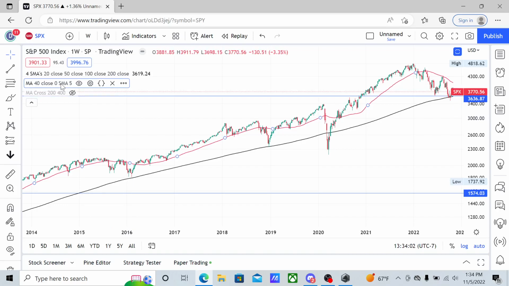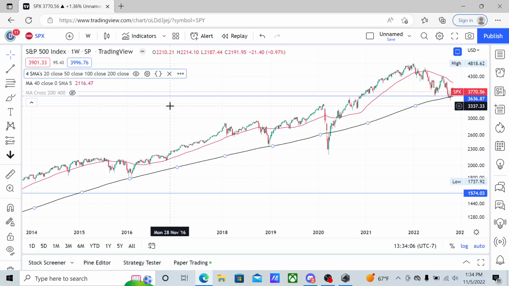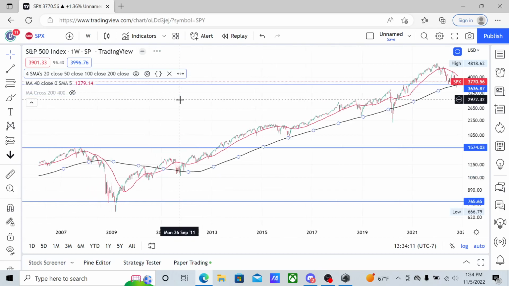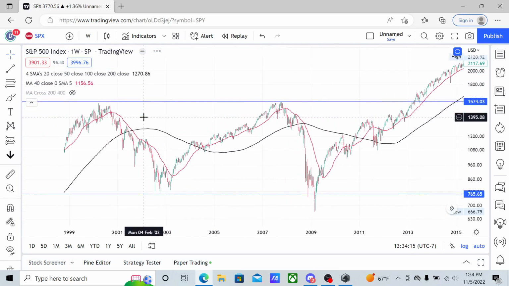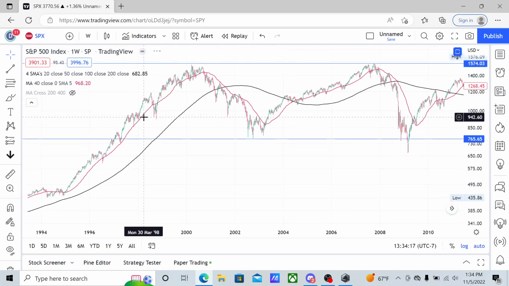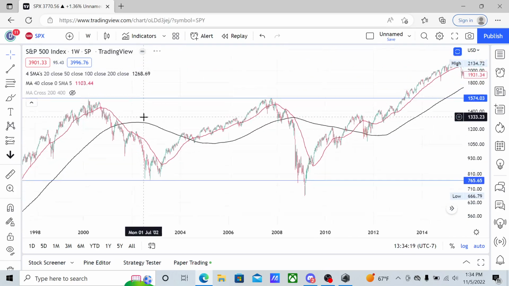The black line is a 200-week moving average, which is an indicator of an even longer period of time, hence the term 200 weeks.